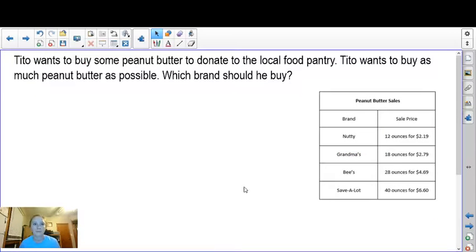All right, next one. Tito wants to buy some peanut butter to donate to the local food pantry. Tito wants to buy as much peanut butter as possible. Which brand should he buy? I want you guys to try this one on your own. You can work together, the 3 of you, but you need to pause the video, do all your work, and then come back and check which one's the best. And go.